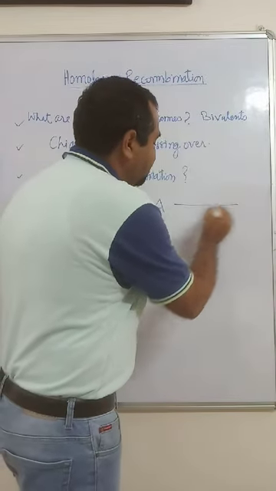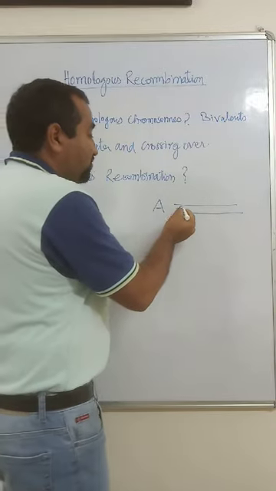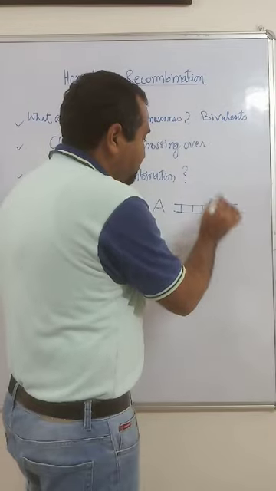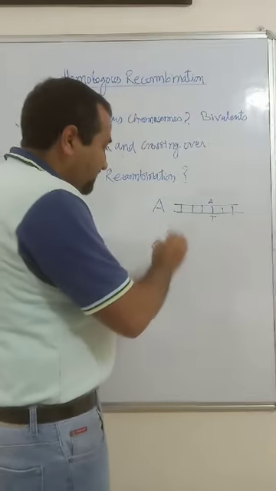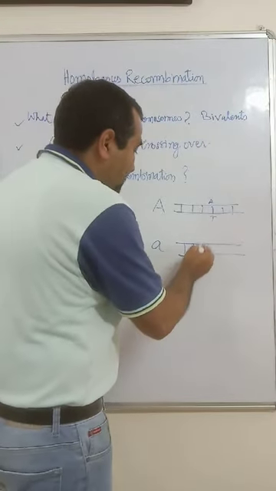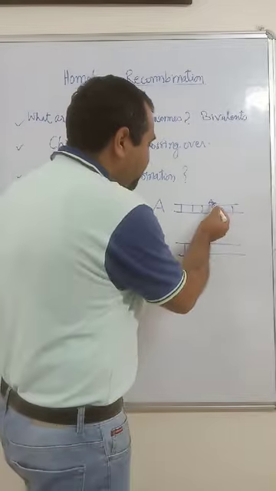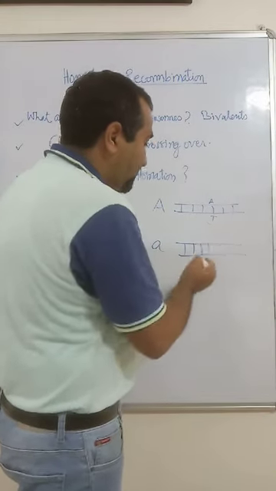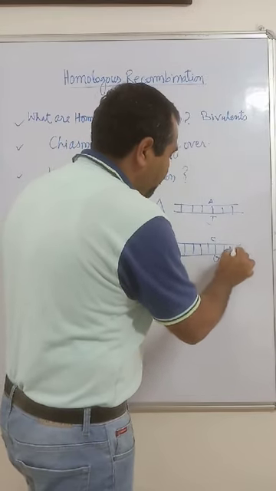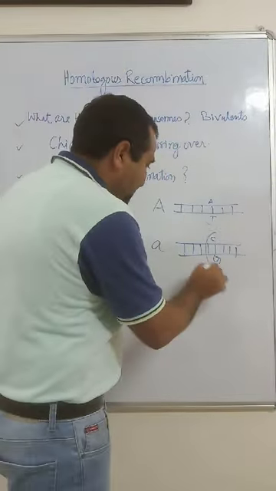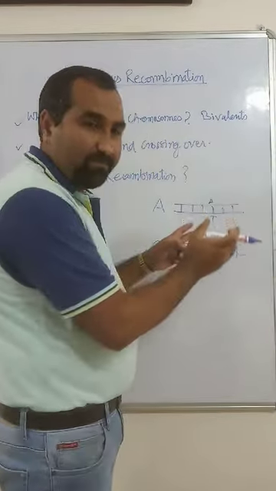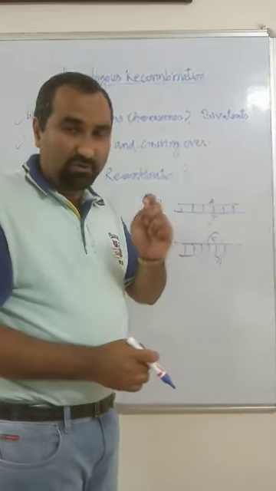Suppose its nucleotide sequence is this, and here suppose A is T. So the alleles will have almost identical base sequence but a slight difference. If at this portion it is A to T, suppose this is C to G. So there is a slight difference in some part of the base pairs.